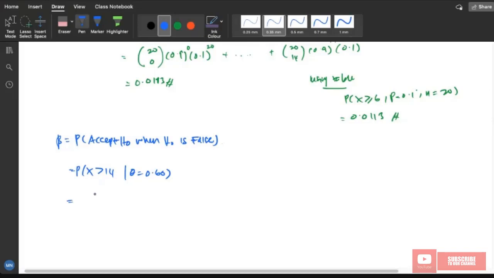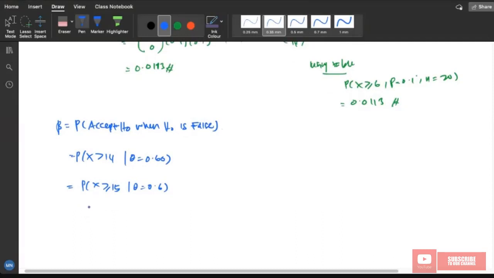Let's look at how to use the table, right? This should be probability of x more than or equal to 15, theta equal to 0.6. So this should be probability of x equal to 15 plus probability of x equal to 16 plus until probability of x equal to 20, right?